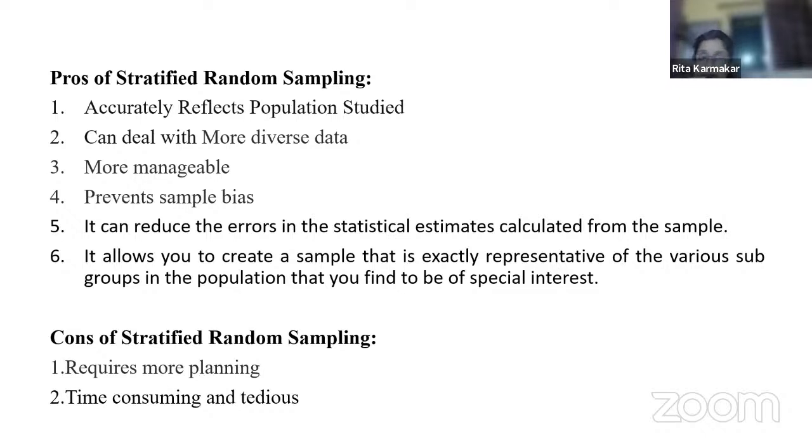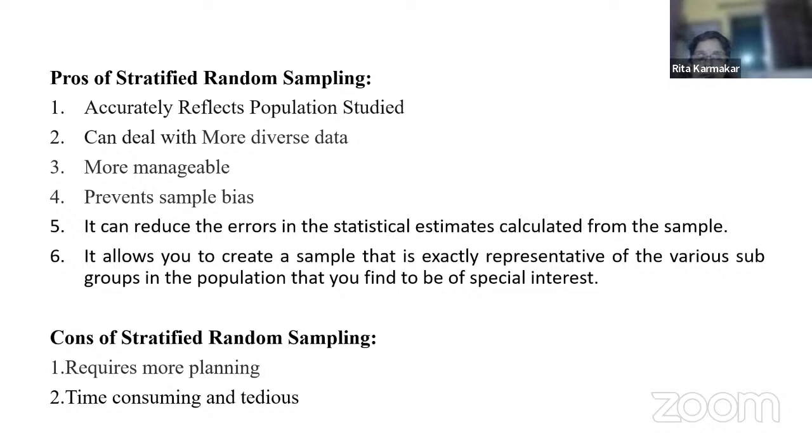Sample bias is very low, because sample bias is generally lower in probability sampling, since at the end of the day you are using random samples, right? So even if you are stratifying them into different categories or strata, from each one of these strata you are choosing them randomly. So this reduces the sampling error.